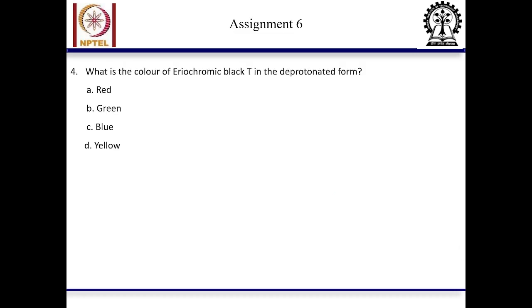Next question: what is the color of Eriochrome Black T in the deprotonated form? Now this I have already told. Can anyone write in the chat box?